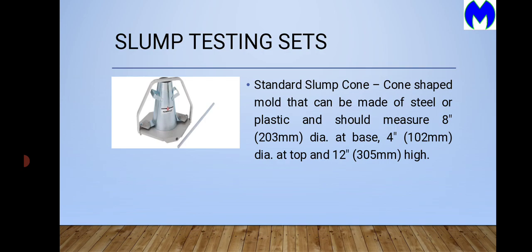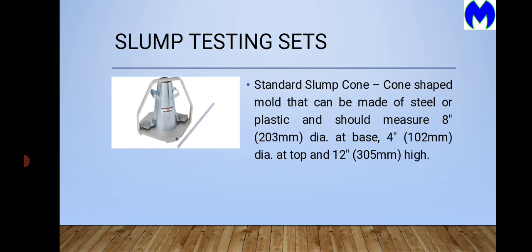So we have the standard SLUMP cone-shaped mold that can be made of steel or plastic and should be measured 8 inches diameter at base, then 4 inches diameter at top, and 12 inches high.